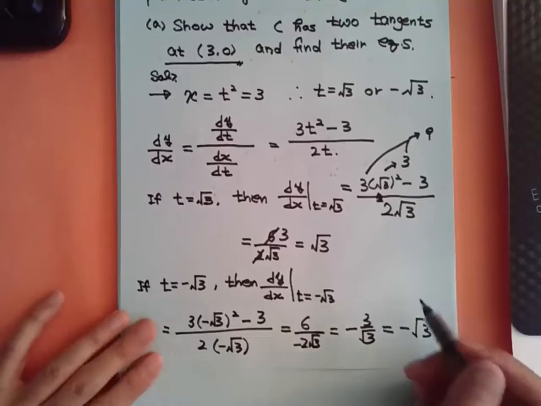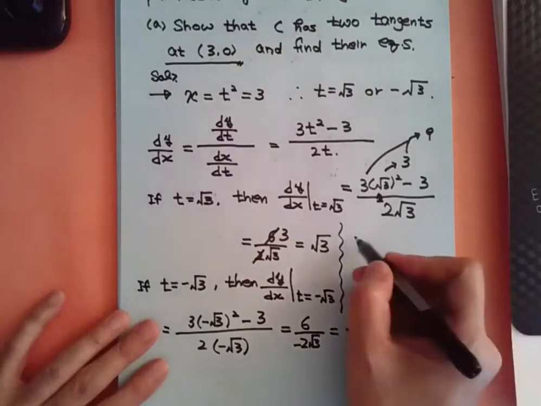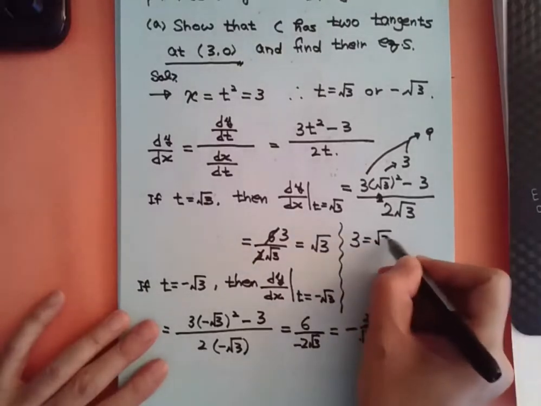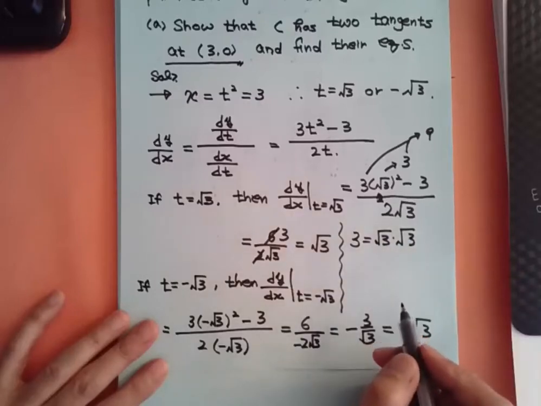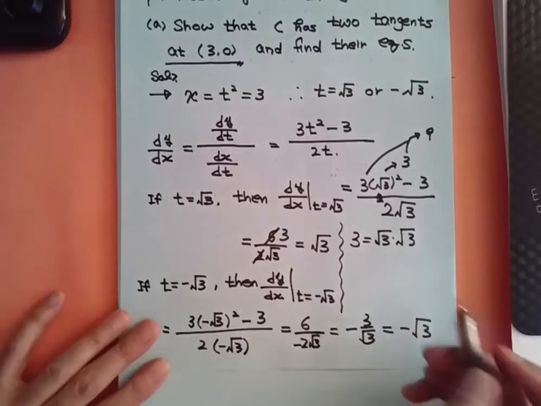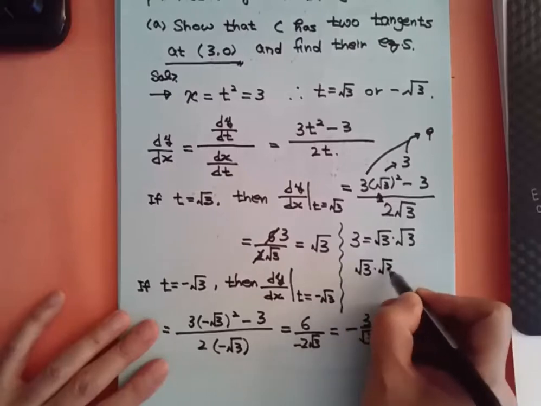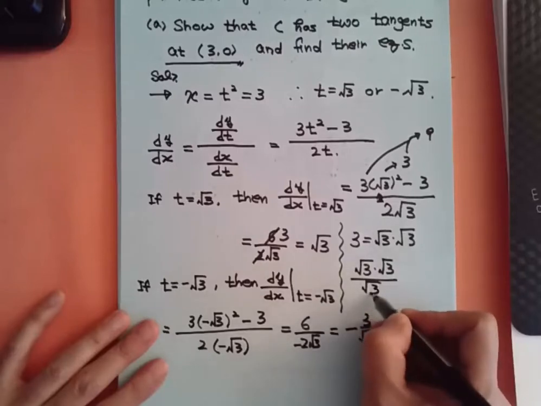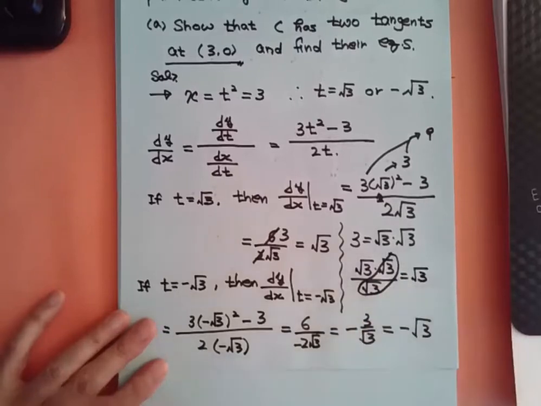There are 2 ways to think about the problem. 3 is obviously square root of 3 times square root of 3, right? You agree, right? Yes. So instead of 3, I would write square root of 3 times square root of 3 over square root of 3. Then the same thing will cancel each other and it becomes square root of 3, right? Yes.